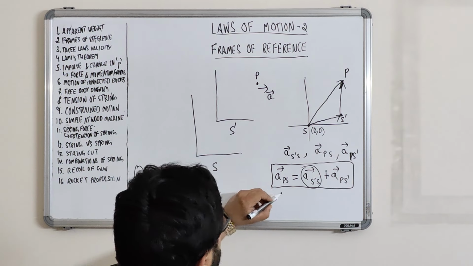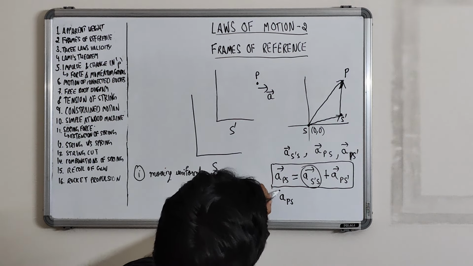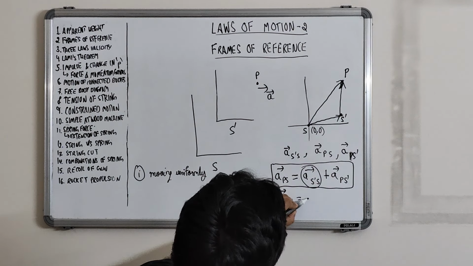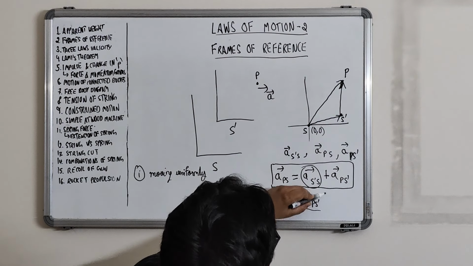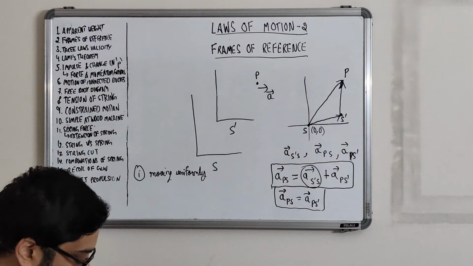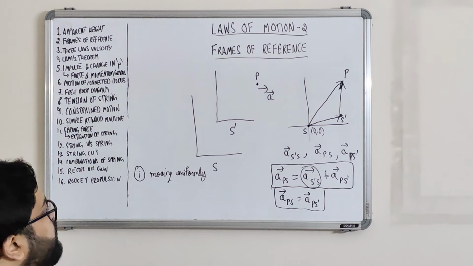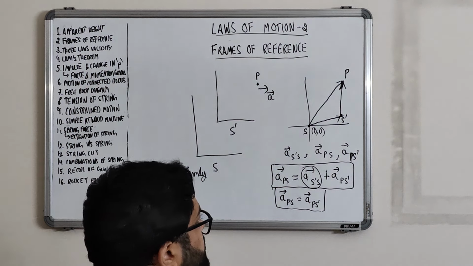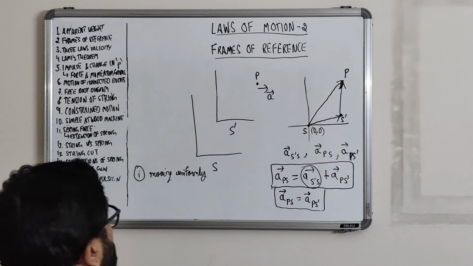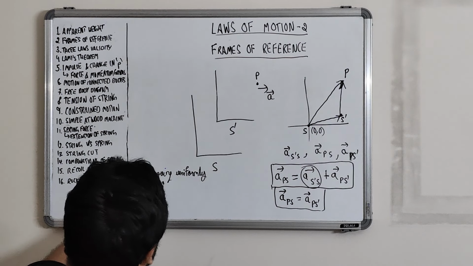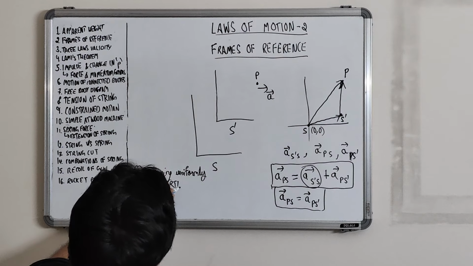Then this just says that vector a PS is equal to vector a PS dash. What does that mean? This simply means that S dash is also an inertial frame of reference.